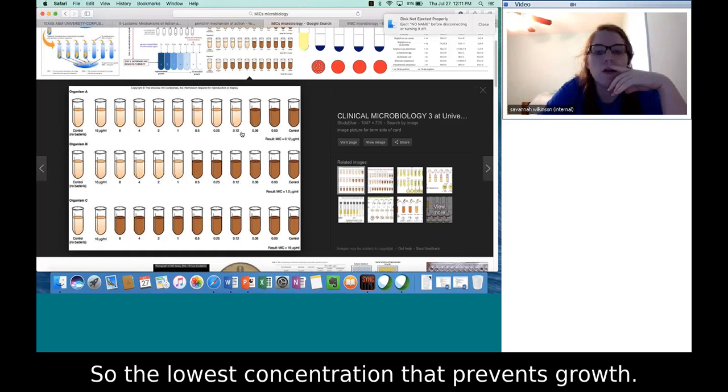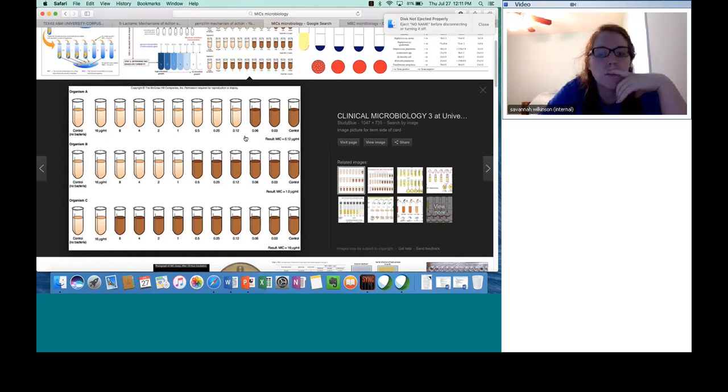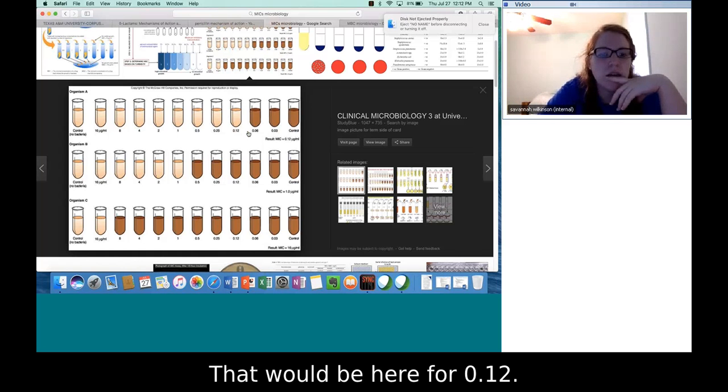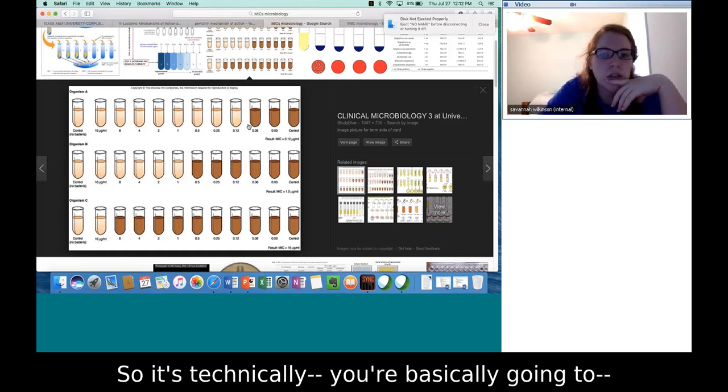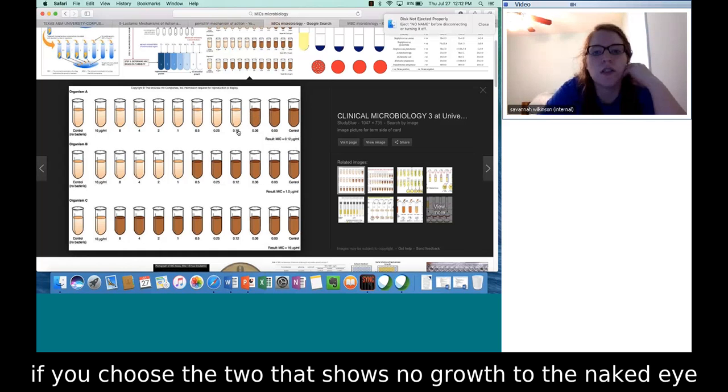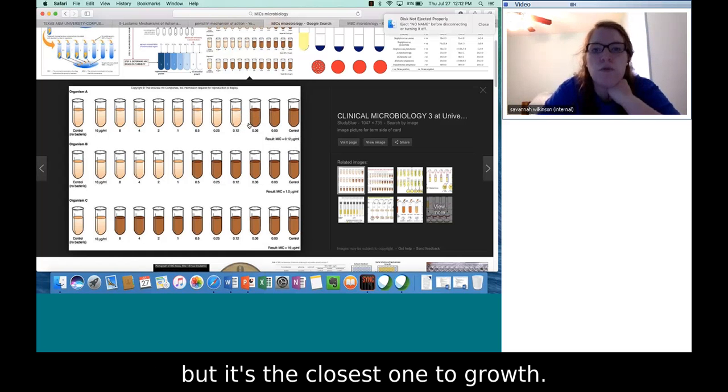So the lowest concentration that prevents growth, that would be here for 0.12, because technically you choose the tube that shows no growth to the naked eye, but it's the closest one to growth.